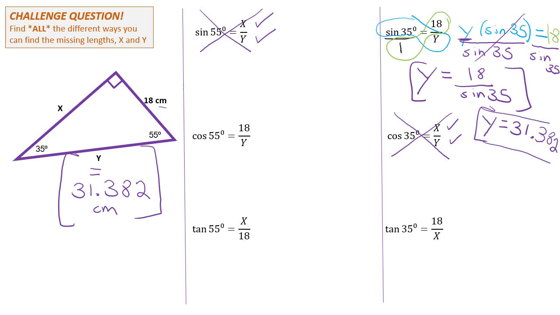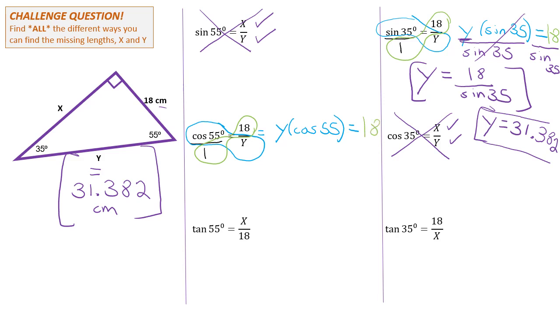Now, remember that the sine of 35 is the same as the cosine of 55. So even though I don't necessarily have to, I want to show you anyhow how we can use either one to find y. So here is the same thing. I'm going to use my cross multiplication to see that y times the cosine of 55 equals 18 times 1, which is 18.